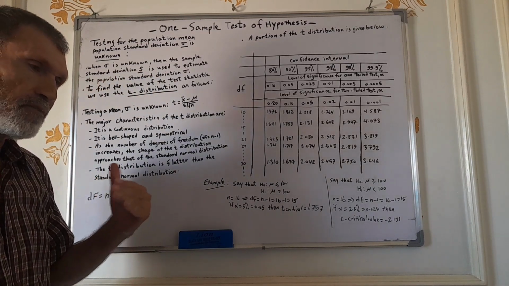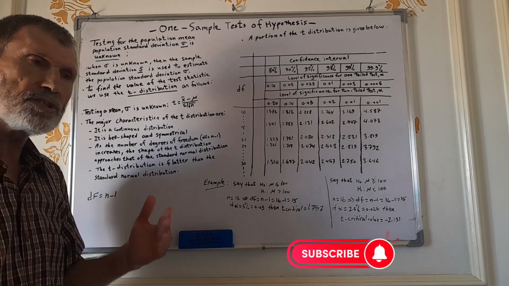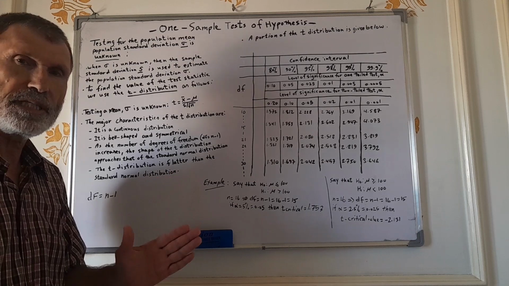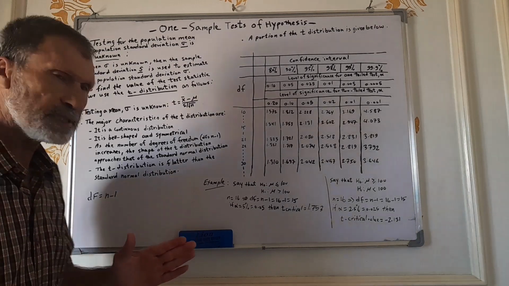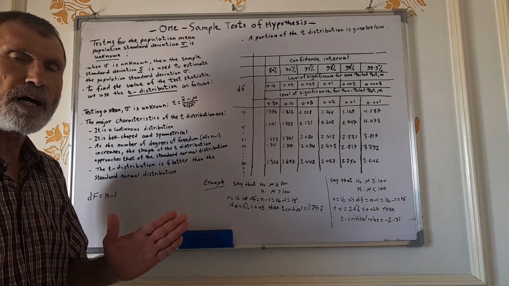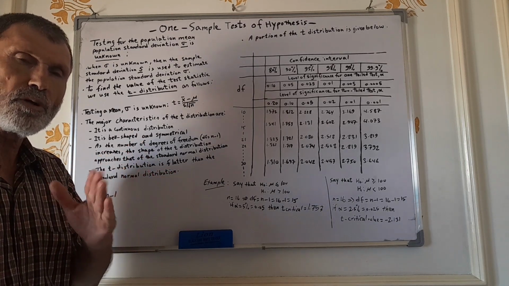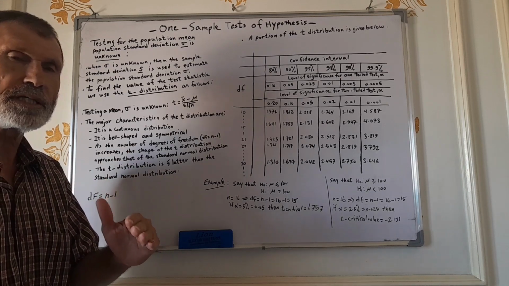Before, when the standard deviation of the population is known, the formula of the Z statistic is calculated by X bar minus mu over sigma over radical n.